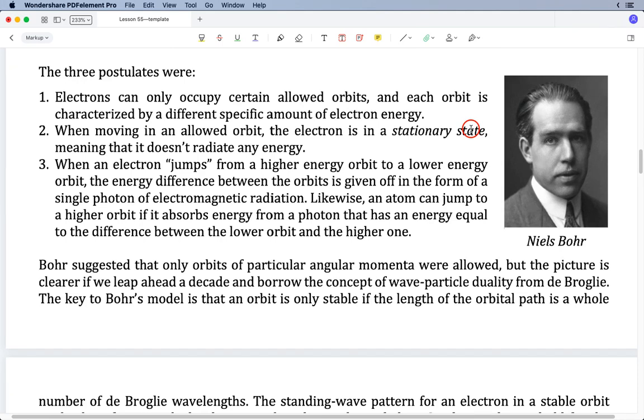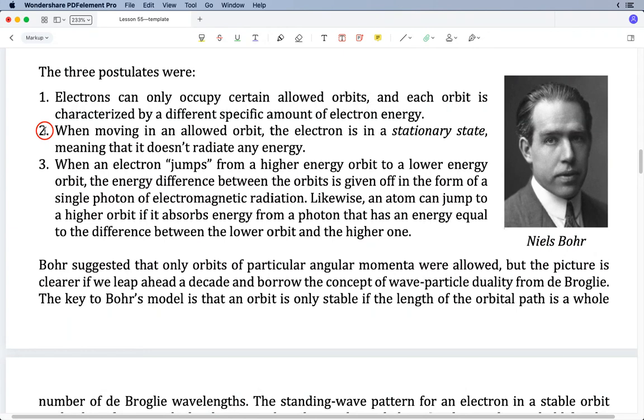And these were the 3 postulates. The first one said that electrons can only occupy certain allowed orbits, and each orbit is characterized by a different specific amount of electron energy. And then the second one: when moving in an allowed orbit, the electron doesn't radiate any energy, so it's in what we call a stationary state.